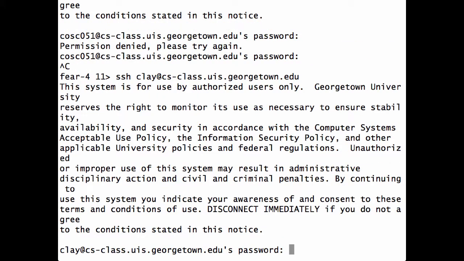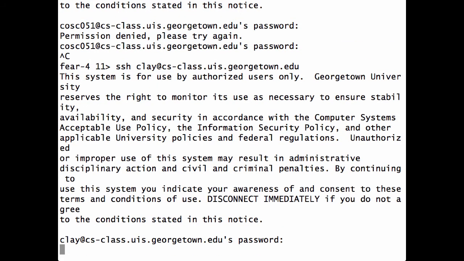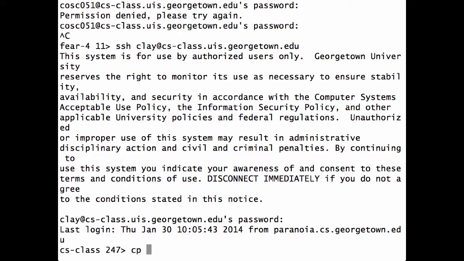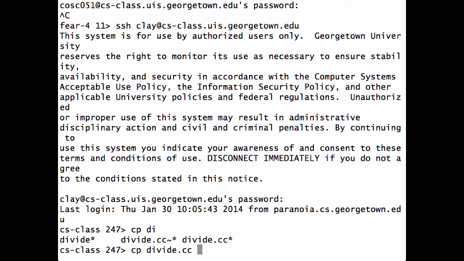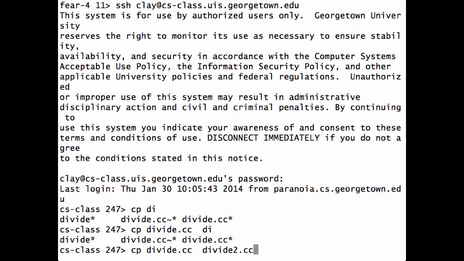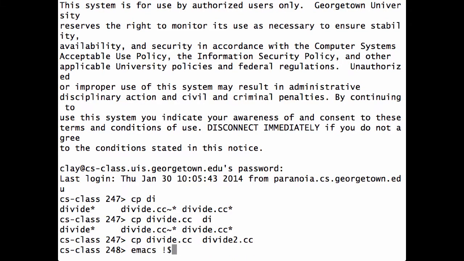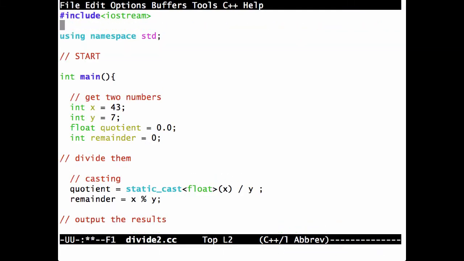Sorry, I'm going to have to recreate the code really fast. All right, so here we are back where we were.